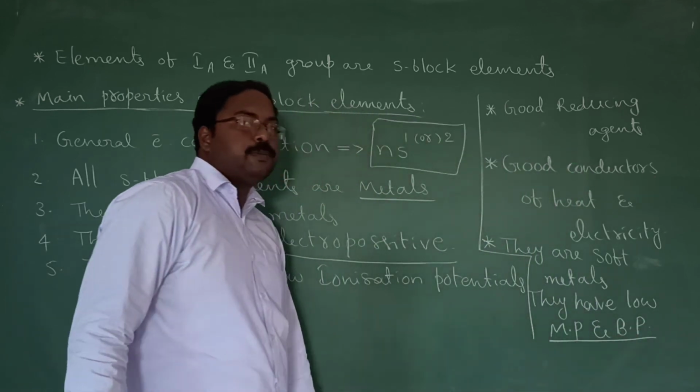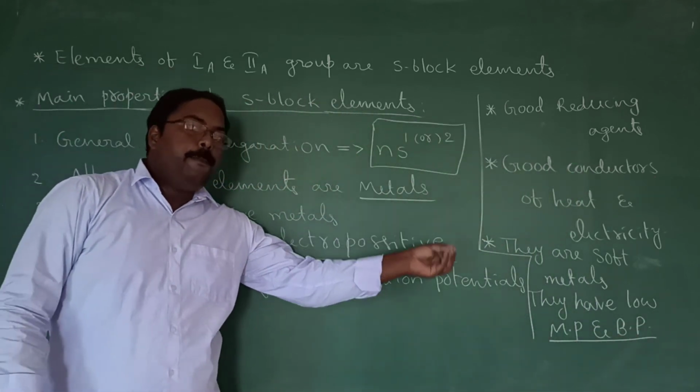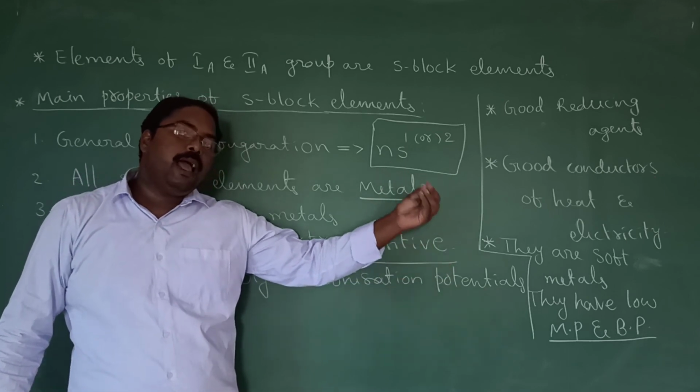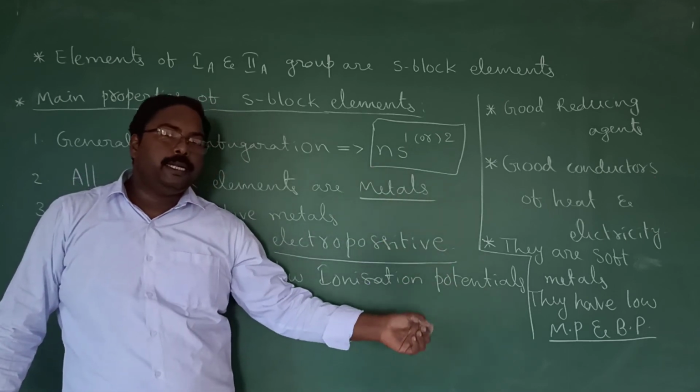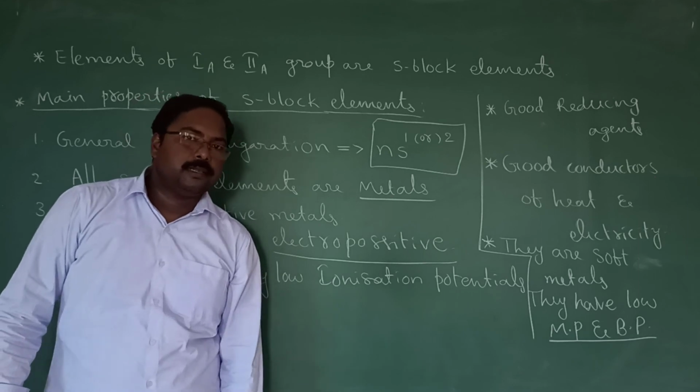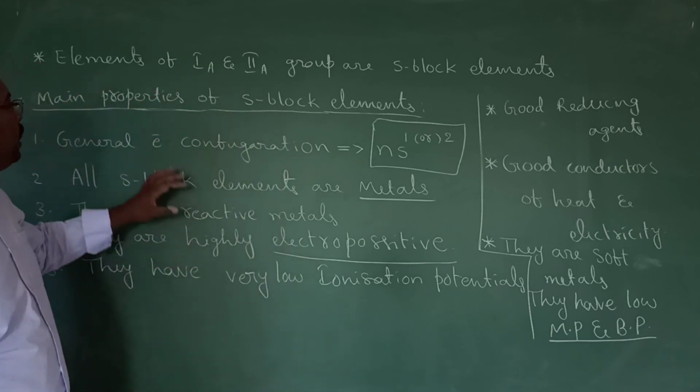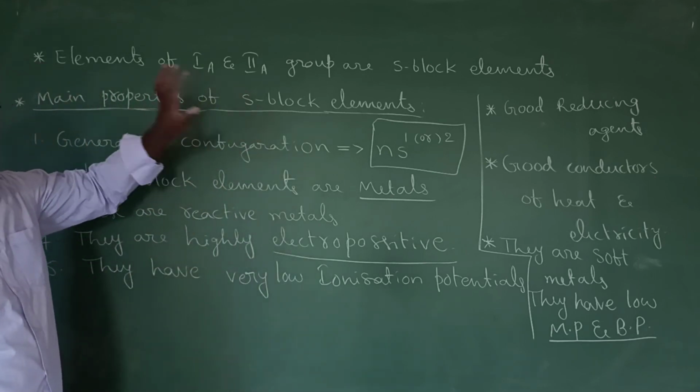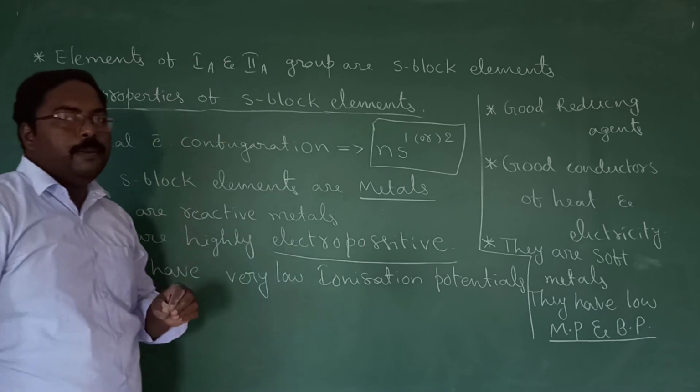Compared to the transition metals, these S block metals have lower melting and boiling points. So these are the main properties of S block elements.